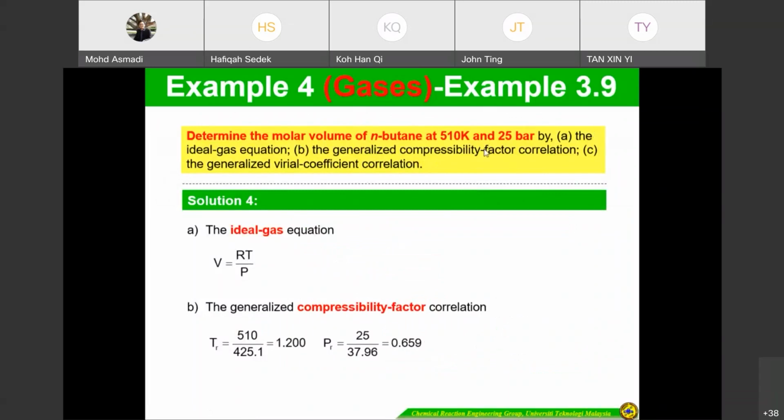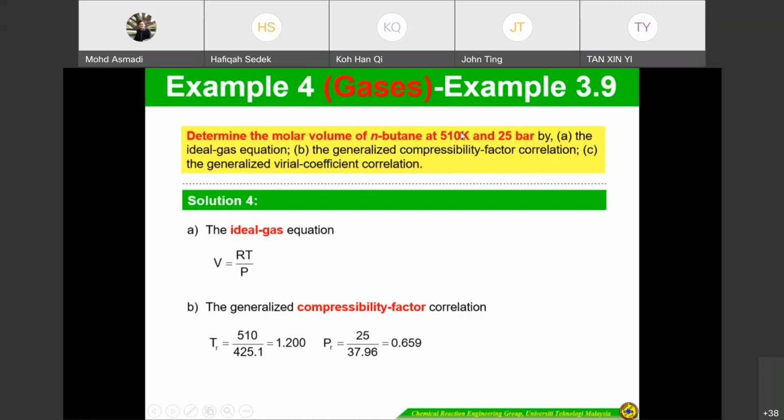Use A, the ideal gas equation, generalized compressibility factor correlation, and generalized virial coefficient correlation. So this one, I think C is virial, and the other is Lee-Kesler. You have to calculate and we can do a comparison.